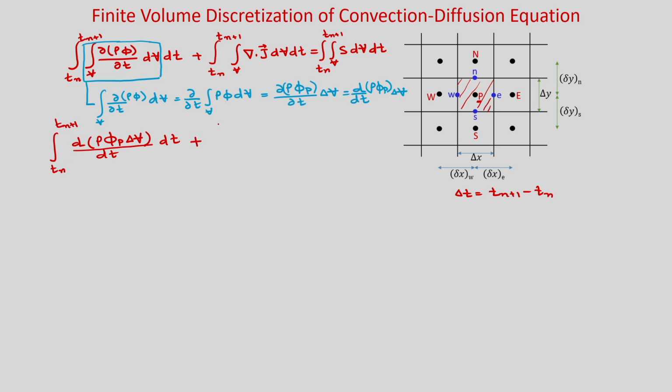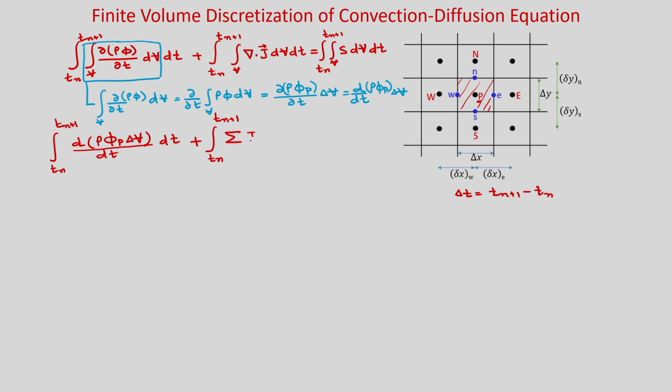plus, now the second term. T n to T n plus 1. Now you can see the volume integral of this flux term. You can convert it into a surface integral using the Gauss divergence theorem, after making the assumption that J varies linearly and the average value of J lies at the face center.